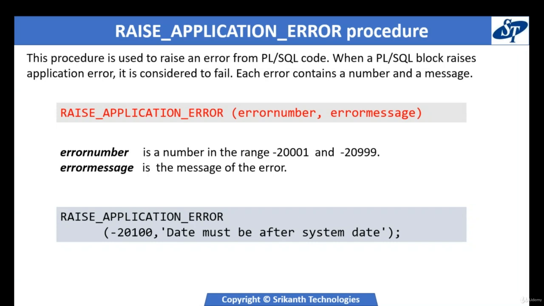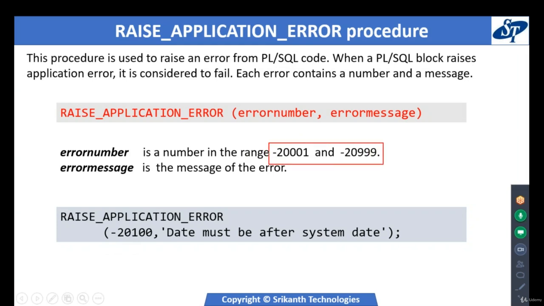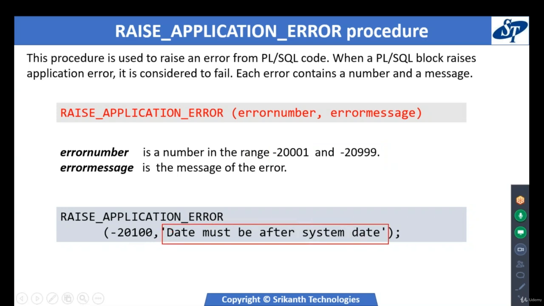And when we use that, we need to give two parameters: the error number, and you are supposed to use only the numbers in this range because the rest of the numbers are assigned to predefined errors. This is a kind of user defined error. And then the message that you want to associate with the error.